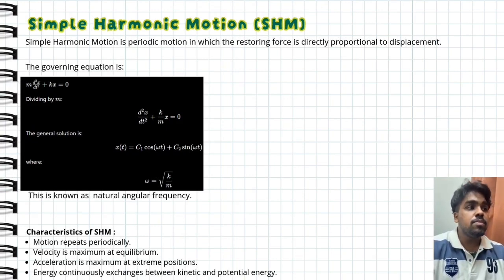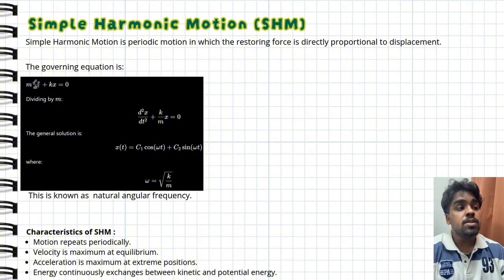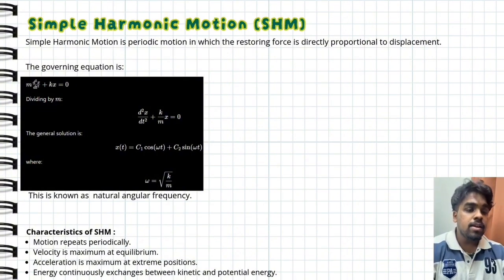The simplified form, by dividing by mass m, gives us d squared x over dt squared plus k over m x equals 0. Then the solution. The position over time is expressed as x(t) equals c1 cos wt plus c2 sin wt, where w equals square root of k over m, the natural angular frequency.